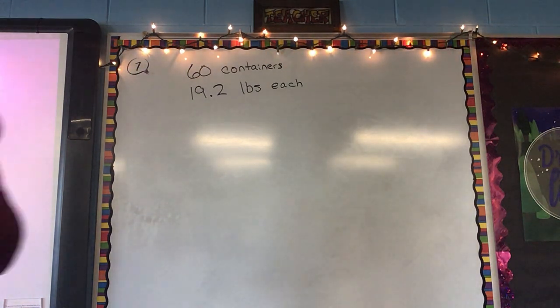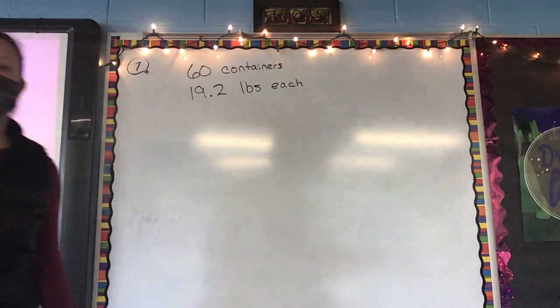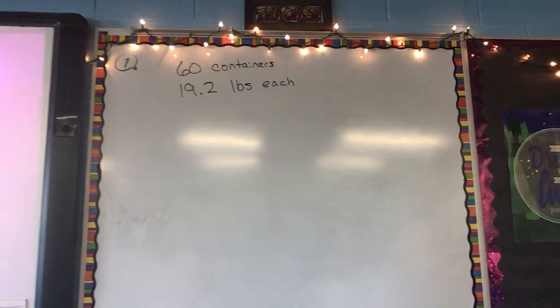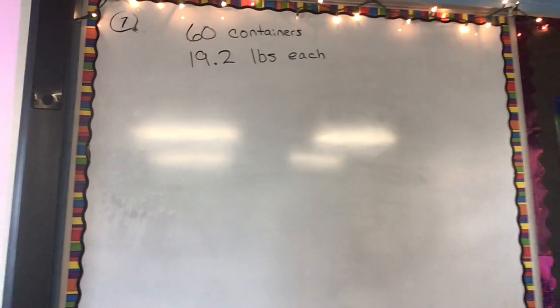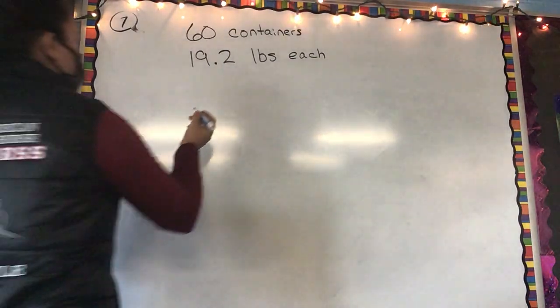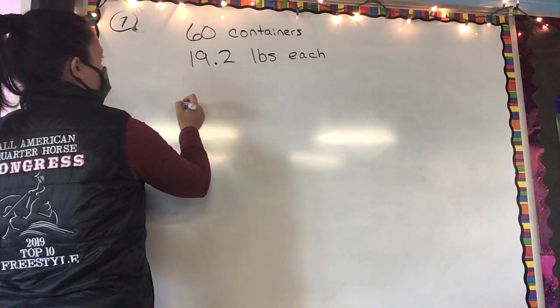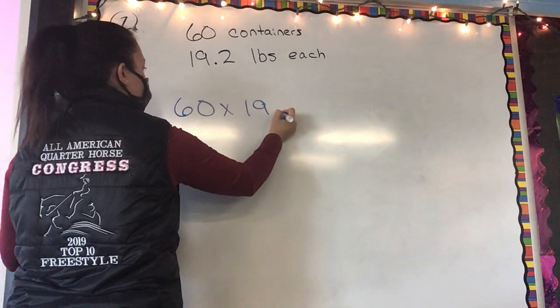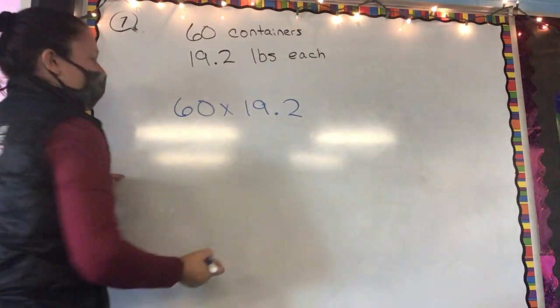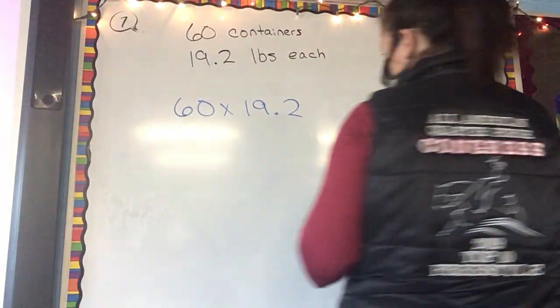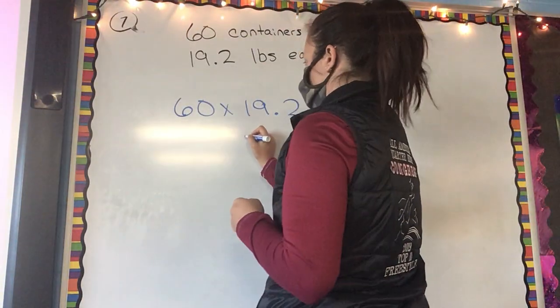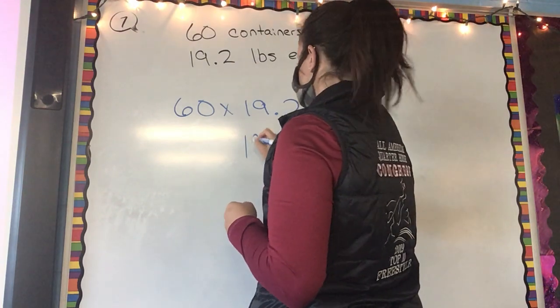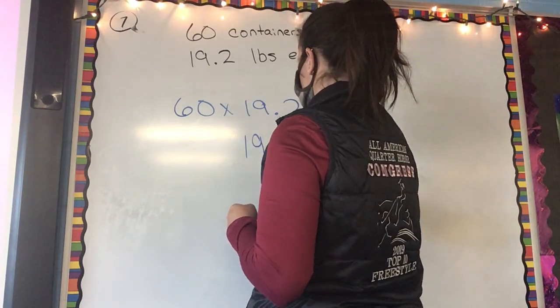All right, what is my equation? Give me my equation for this problem. Kara, give me our equation. 60 times 19.2. Good. Rewrite it. Which number do I want to put first? Yeah, 19.2 because it has more digits.